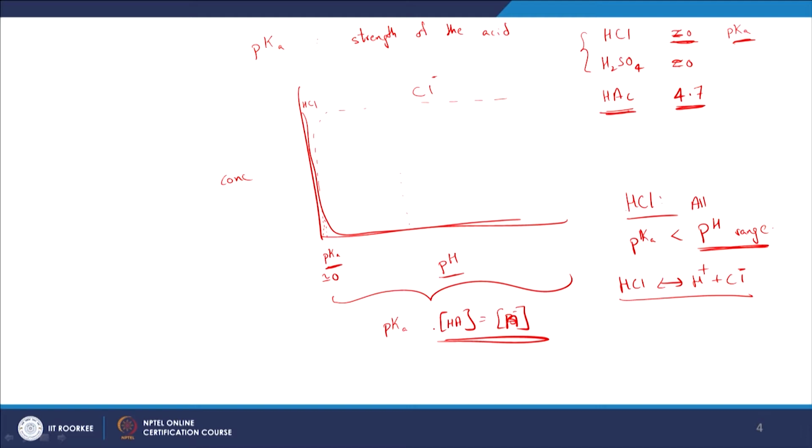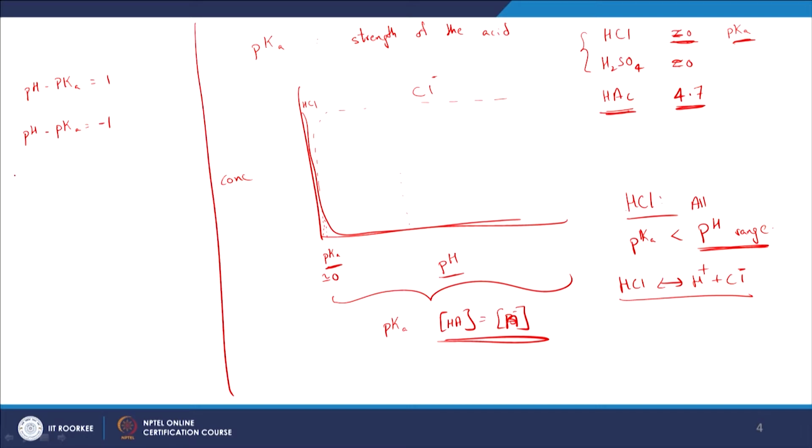So, let us see what else we can think about, let us say distribution with respect to pKa and so on. One aspect I want to quantify is the case where pH minus pKa is equal to 1 and pH minus pKa is equal to minus 1. So, let us see what we can understand from this.